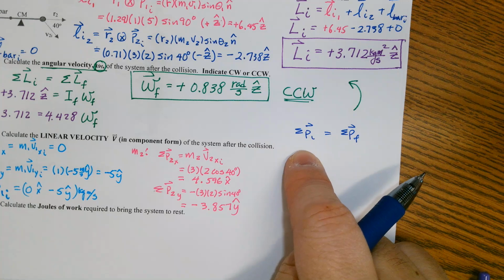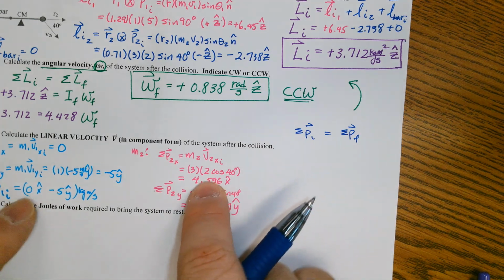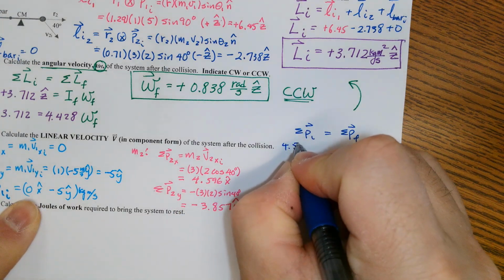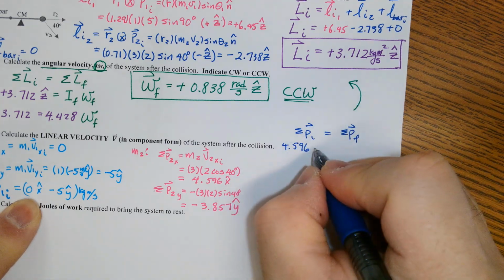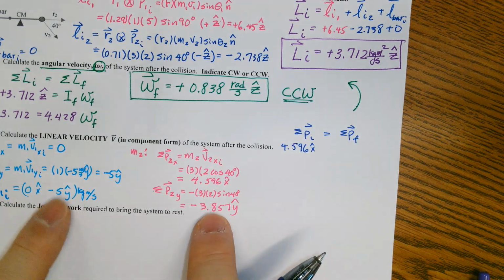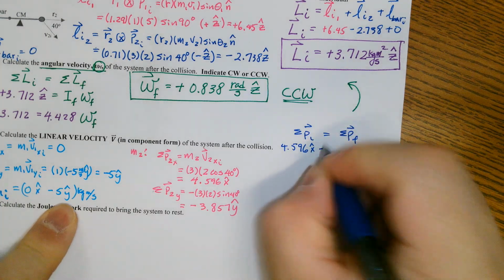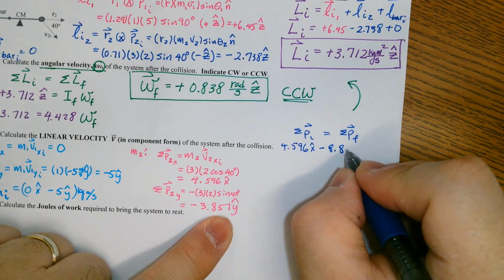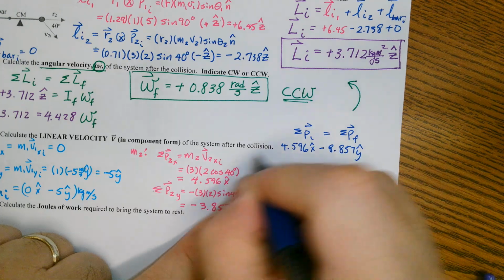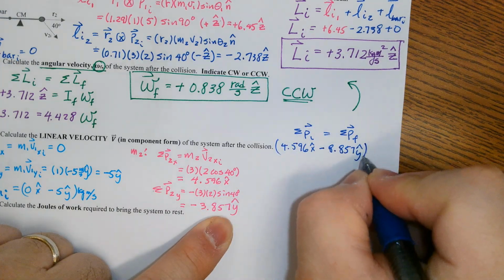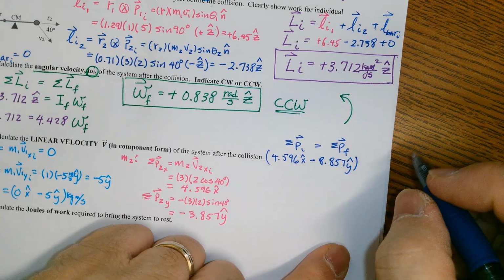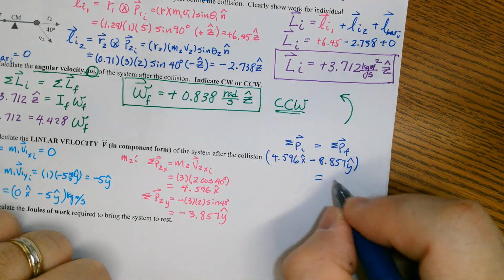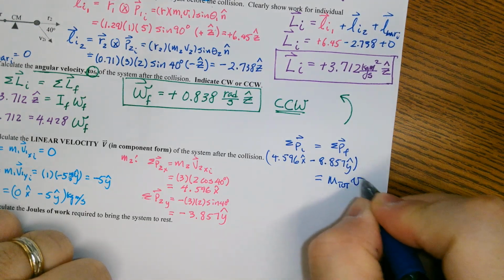So if I add this and this component together, I get 4.596 x hat, and then if I add these two together, minus 8.857 y hat as my initial. That has to equal the final momentum, which is m total times Vf.